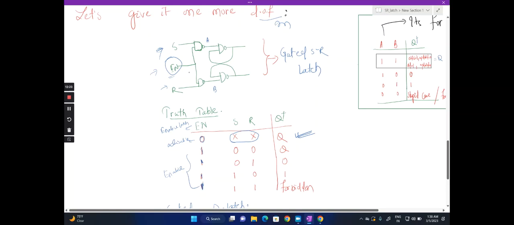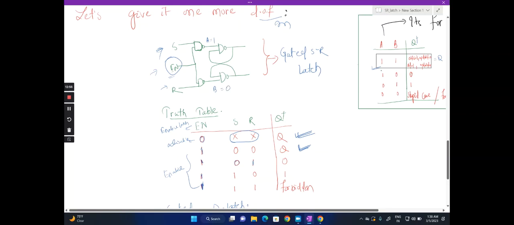When enable is 1, and S and R both are 0, A and B will be 1 and 1, as the property of NAND suggests. So for A and B 1 and 1, it will store the memory and give Q plus. The updated value of Q will be Q. When S is 0 and R is 1, A will be 1, R is 1, and enable is 1, so B equals 0.